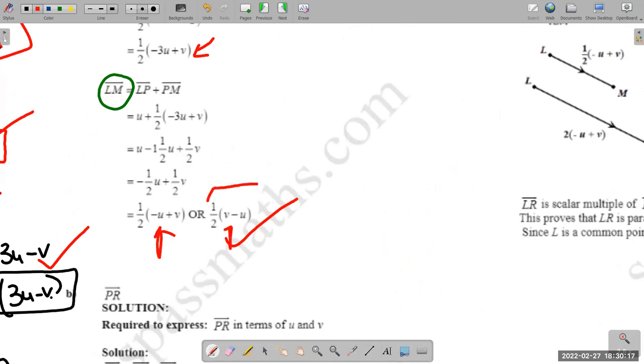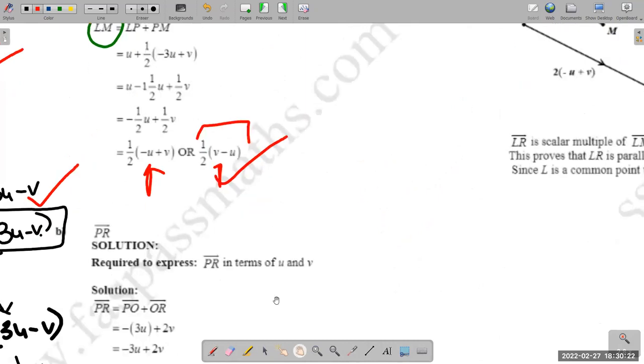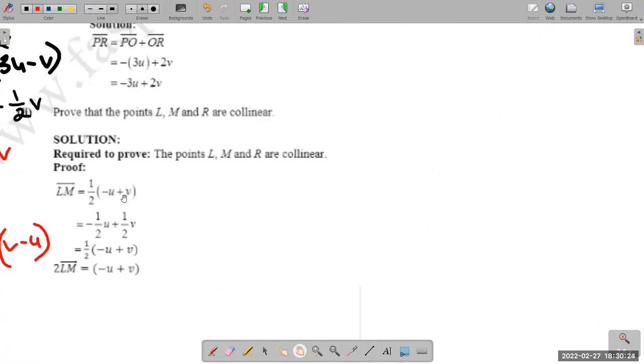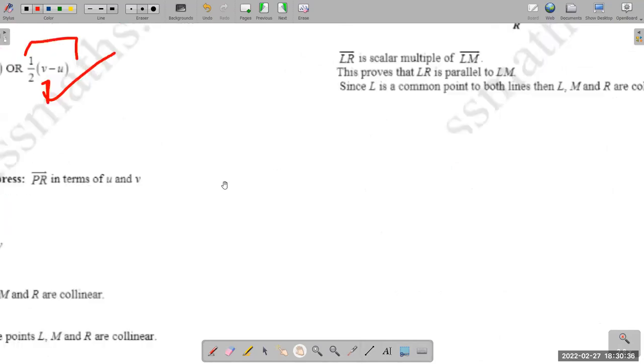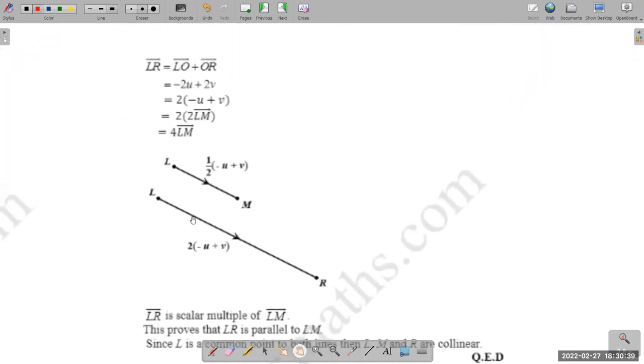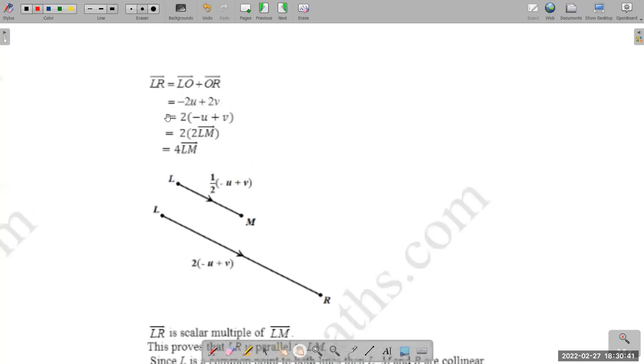I prefer this one because it's a lot easier to manage. Are you with me?